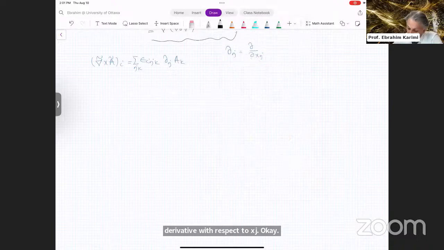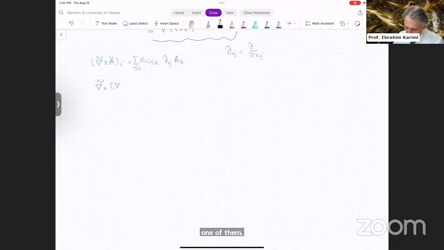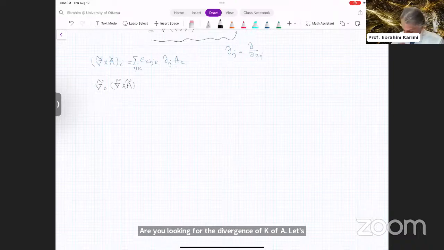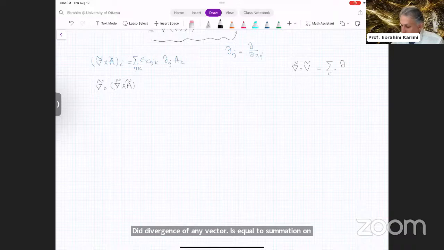Good. I don't know which one you want me to do, but I can do the calculation, for example, for one of them. Are you looking for the divergence of curl of A? Let's go this way. The divergence of any vector V is equal to summation on i, derivative with respect to i of V_i.